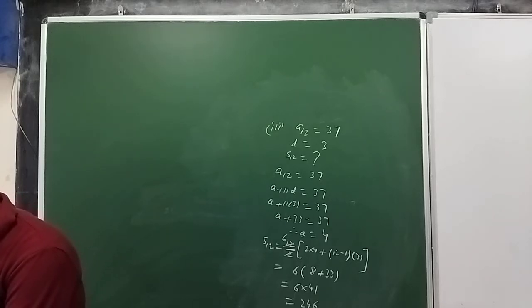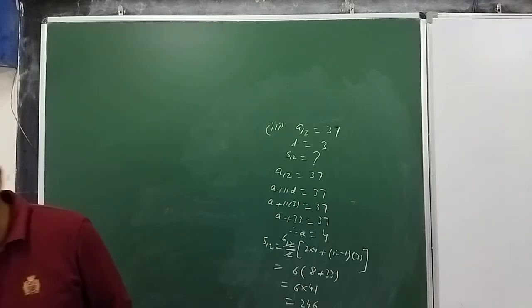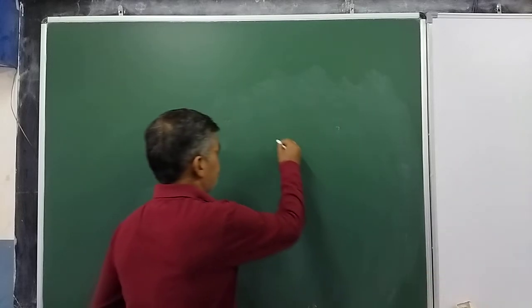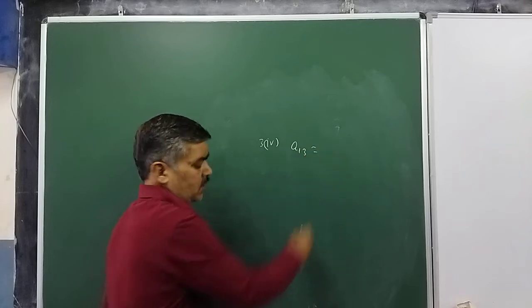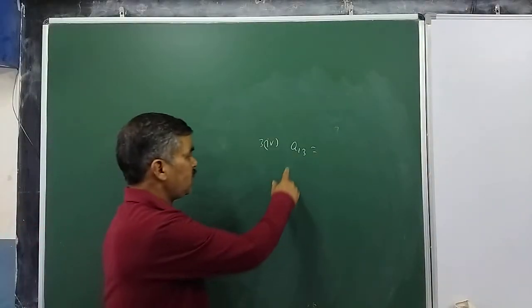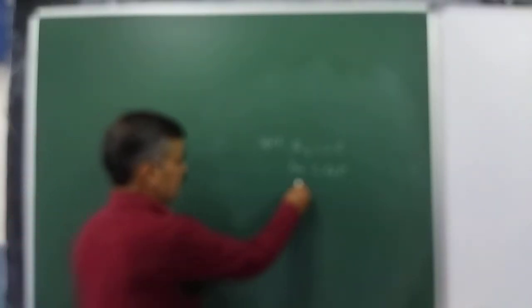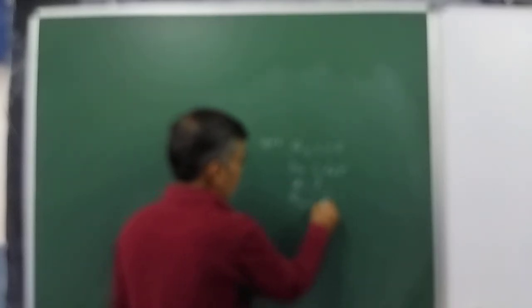In fourth part, A3 is 15, S10 is 125, and you need to determine D and A10. So for part number 4, we are given A3 is equal to 15, then S10 is equal to 125, and you have to determine D and A10.